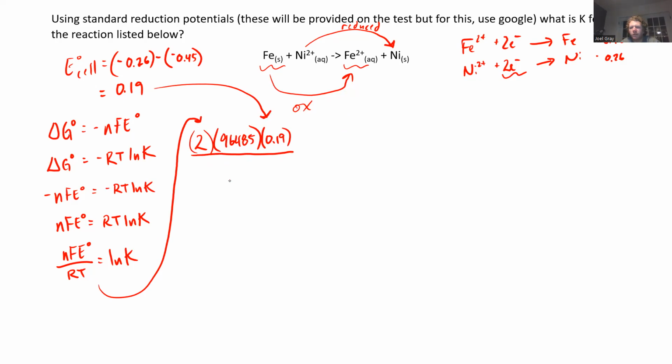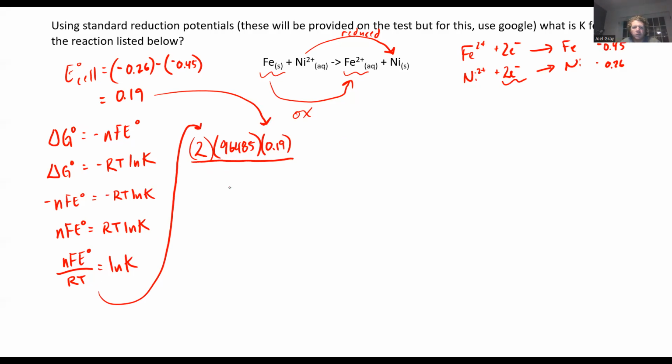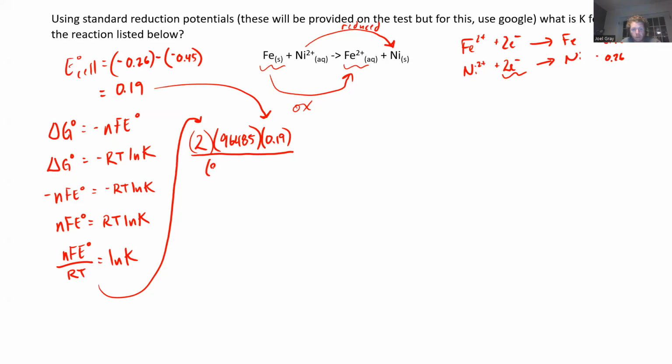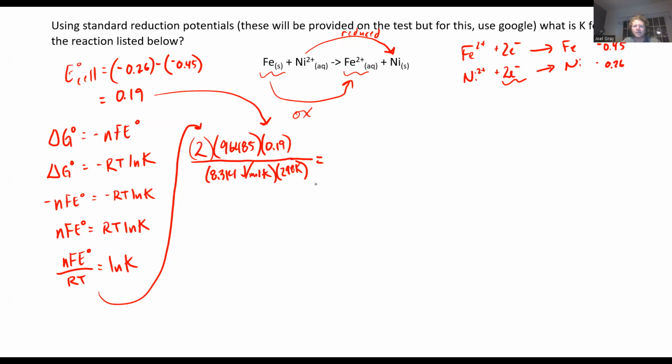What is my RT? My RT is going to be 8.314 joules per mole Kelvin times my temperature, which is 298 Kelvin, and I'm going to end up with a number that relates there.